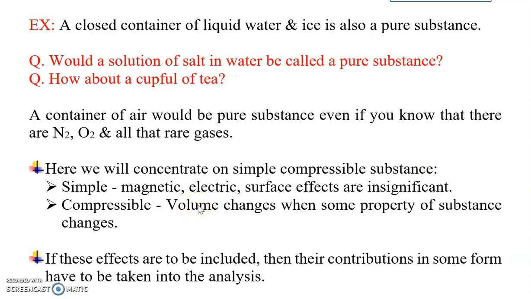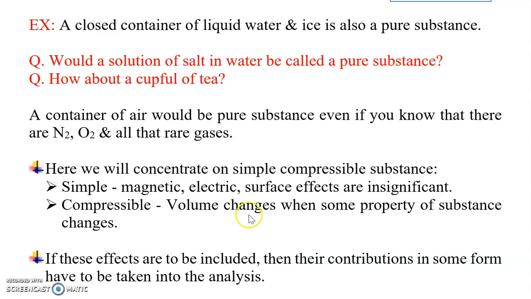Here in this thermodynamics analysis, we shall concentrate on simple compressible substance. Simple because magnetic, electric, and surface effects are insignificant. We ignore them. Compressible is because if one of the system properties like temperature or pressure changes, then the volume also changes.